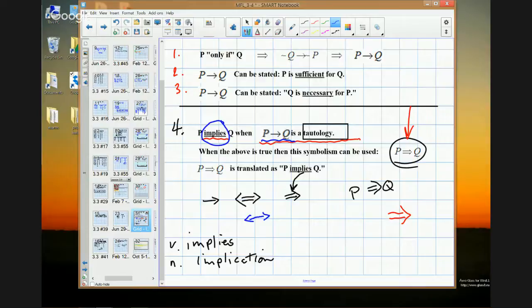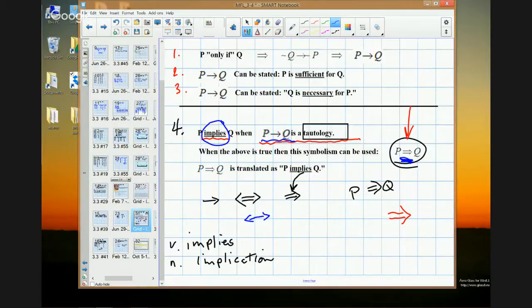By the way, whenever the if-then does come out to a tautology, we actually promote it, and we use this symbol right over here. You see it there? It's like an equal sign with an arrow on the right. I always say to my students, it's like we promoted it. We gave it an extra stripe.